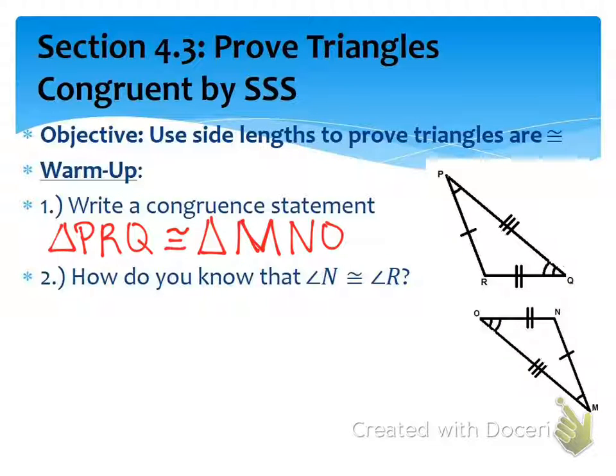The third angles congruence theorem is all we had to say for that one. So, the third angles congruence theorem tells us that if we know that two angles in one triangle are congruent to two angles in another triangle, then the third angles from each are congruent to each other.